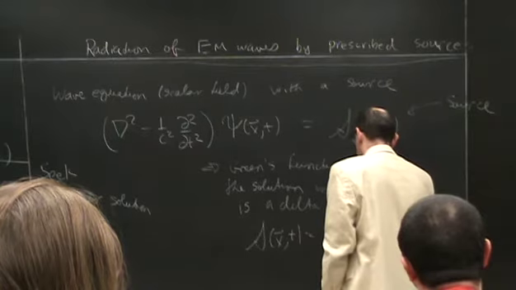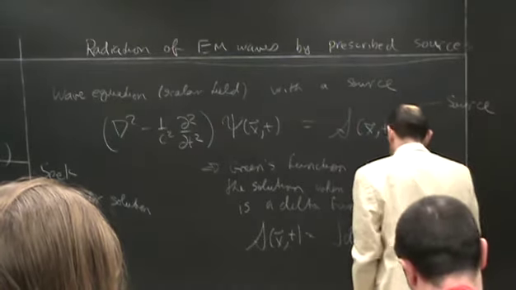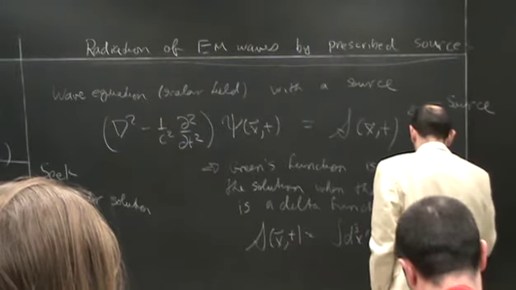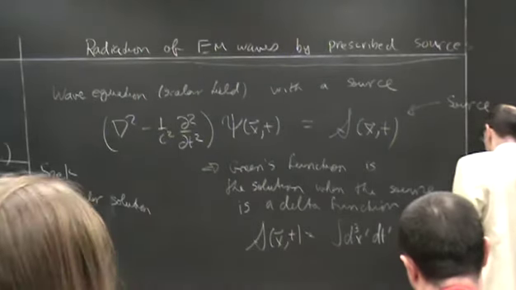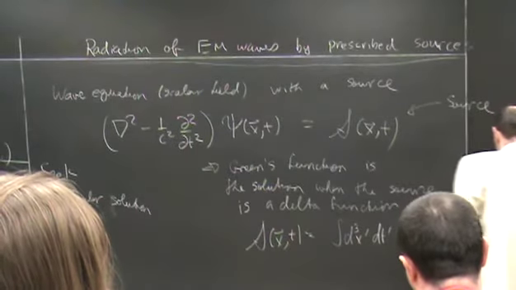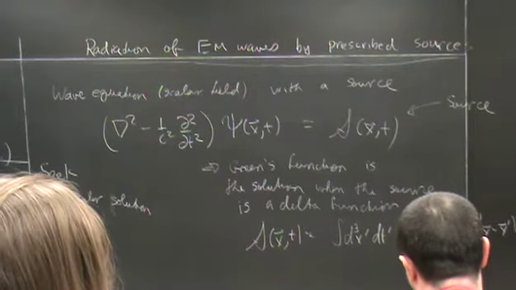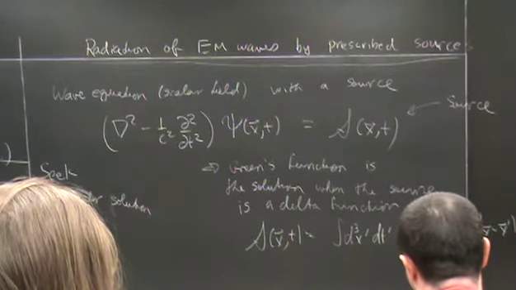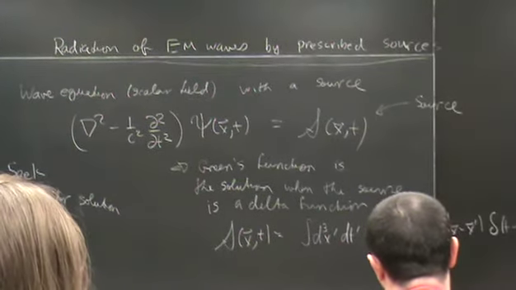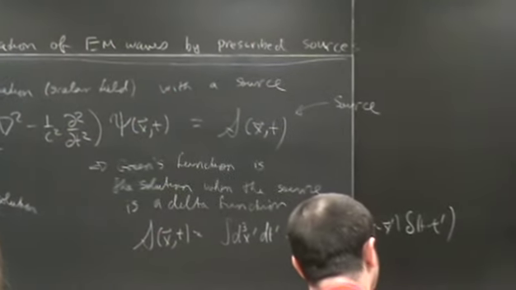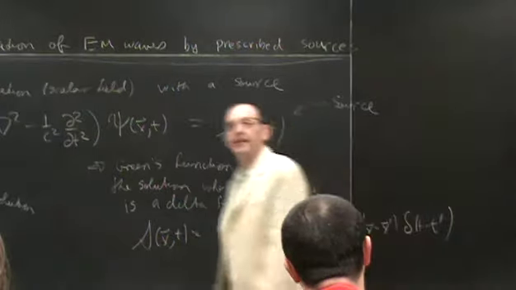In this case, our delta function is a delta function in space and time. So at time t prime and at position x prime, the source goes boop, and then a wave is emitted.